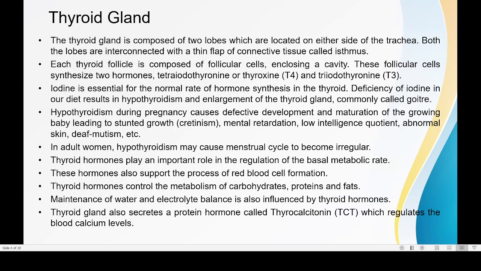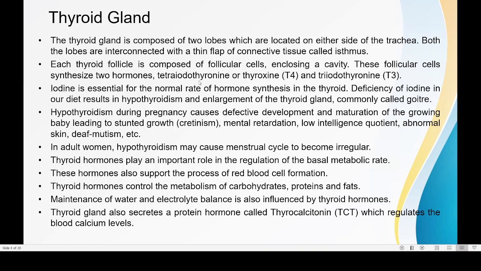Regarding the internal structure, each thyroid gland is composed of a number of follicular cells and a cavity, and these follicular cells are producing two types of hormones.